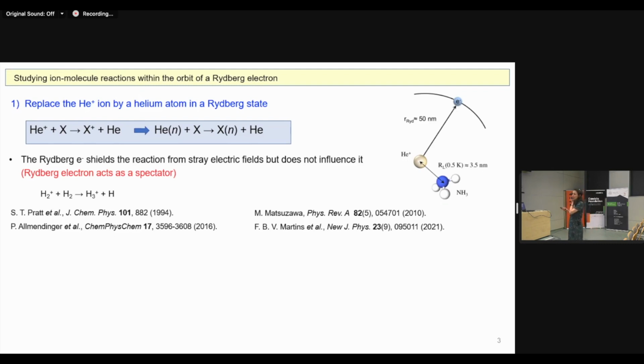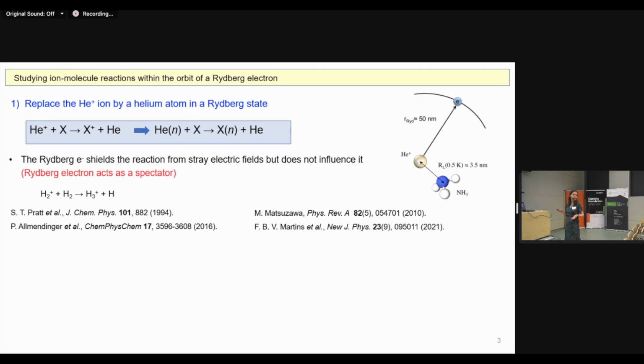Actually, this idea has been around for a while. It was first implemented in the group of Bill Chupka for the study of the H2+ + H2 reaction. And more recently, in our group, in the group of Frédéric Merkt at ETH, again for the same reaction. In fact, tomorrow we're going to hear a lot more about it from Johannes' talk. There's also lots of theoretical and experimental work to demonstrate that indeed the Rydberg electron acts as a spectator.